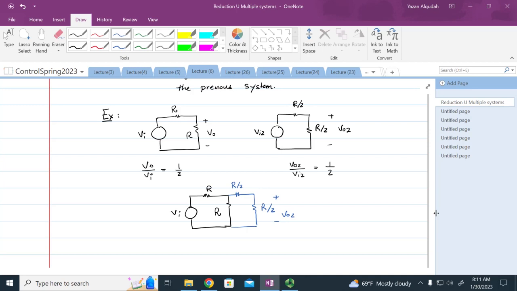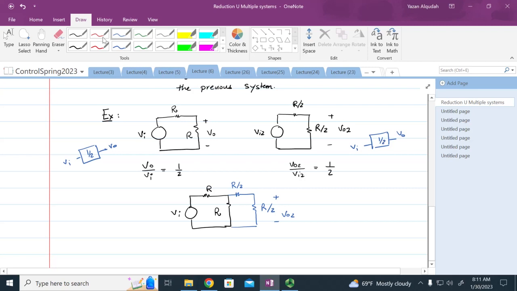Is everybody with me? So what we just introduced is we can reduce blocks if they're cascaded next to each other. We can combine them. If I look at this, I can represent this as a block, V input, V output, 1/2. This I can also represent as a block, V input, V output, 1/2.